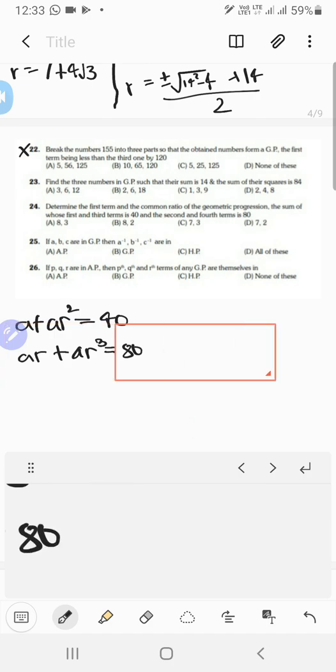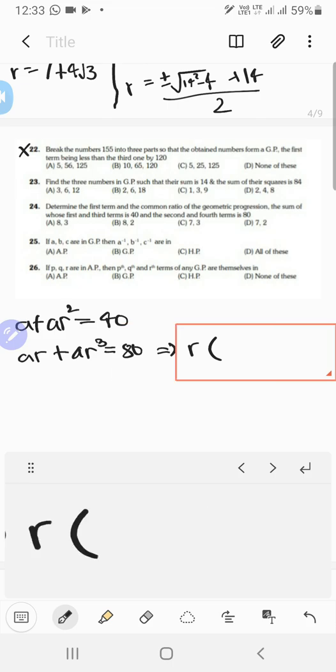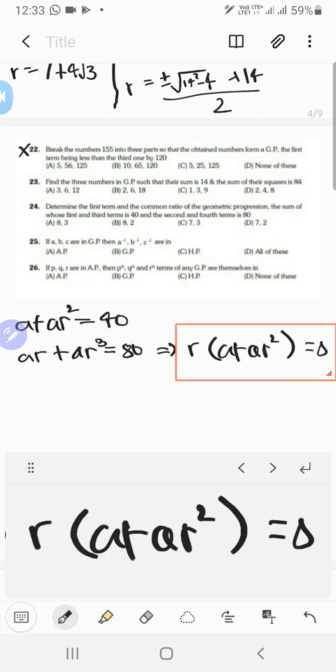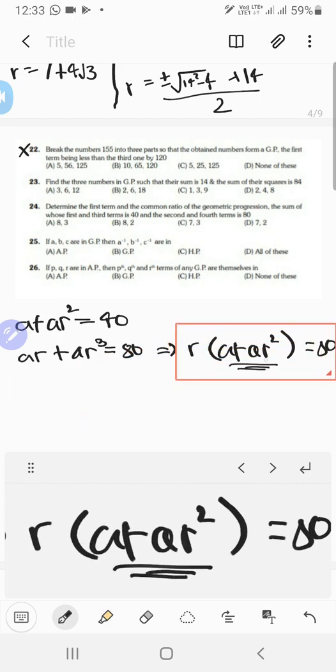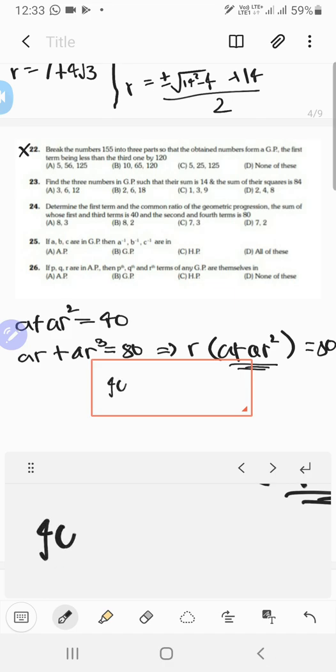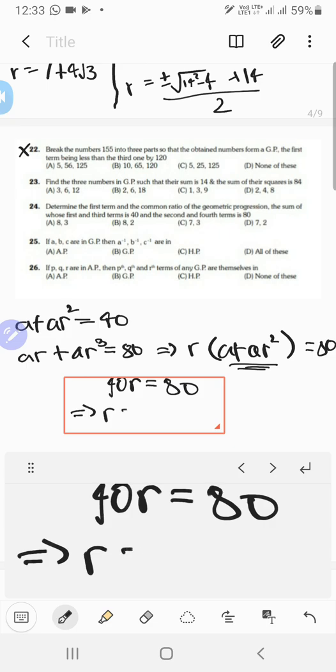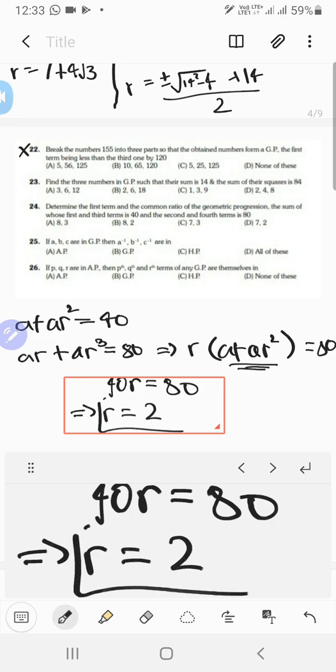Now I can be wise and factor out an r from the left hand side to get r times (a plus ar squared), and this is going to be equal to 80. You can see that this thing is 40, so 40r is equal to 80, which means that r is equal to 2. Easy as that.